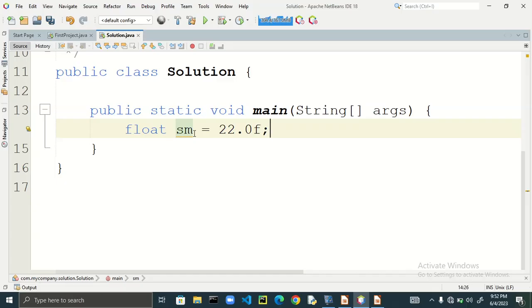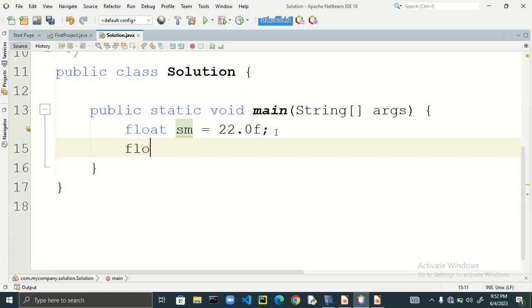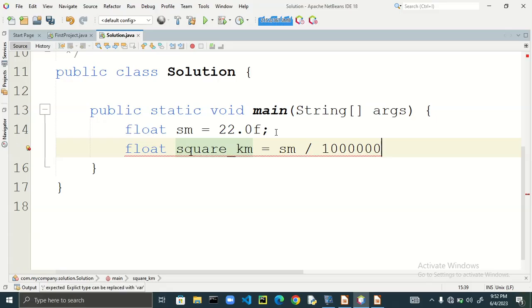Now they said for us to get our square kilometer, we need to divide whatever we have here by 1 million. So let's say float, and then let me write this in full, square_km, that is square kilometer, is going to be our square meter, divide by 1 million, 1 2 3 4 5 6.